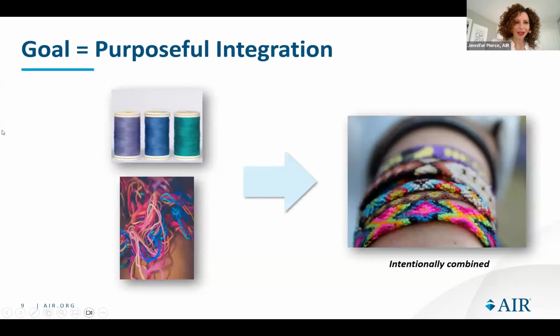But beyond just a written definition, I wanted to put together something that visually depicts this idea. In tiered systems of support, we tend to have a couple of different situations happening.